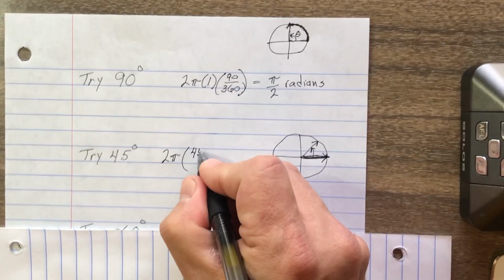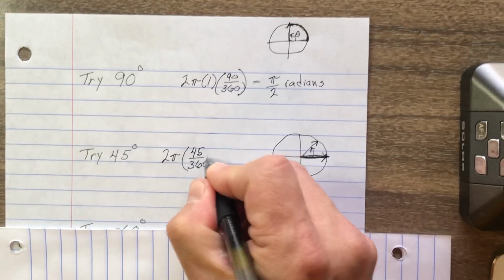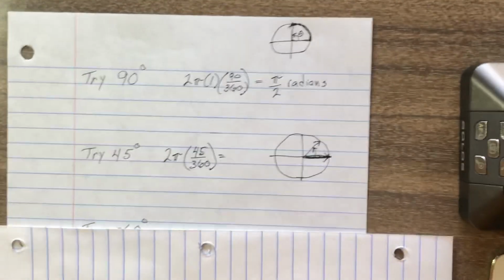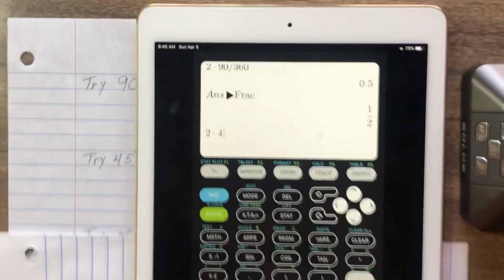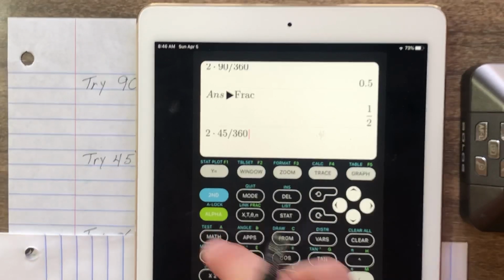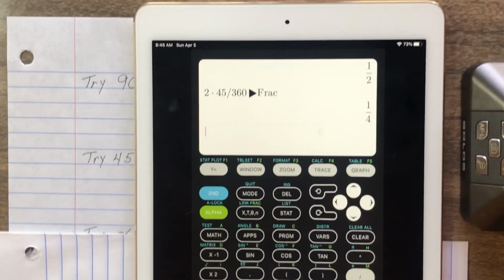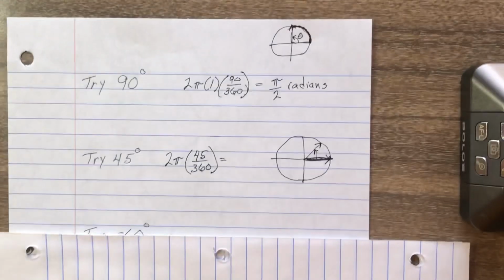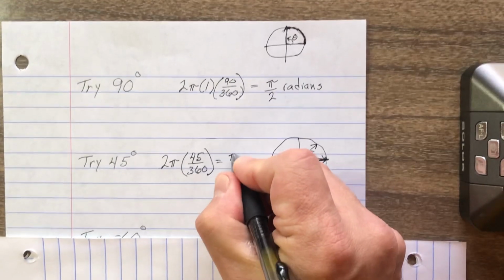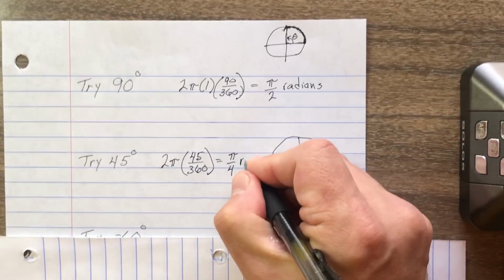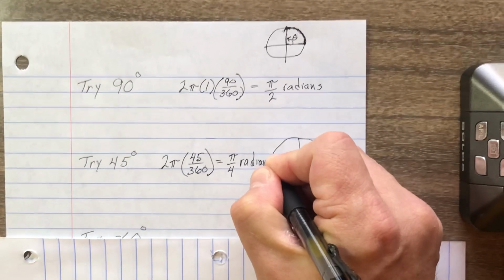And that's 45 divided by 360. So that's 2 times 45 divided by 360. And that's 1/4. So what's 1/4 times pi? It's pi over 4. Pi over 4 radians.